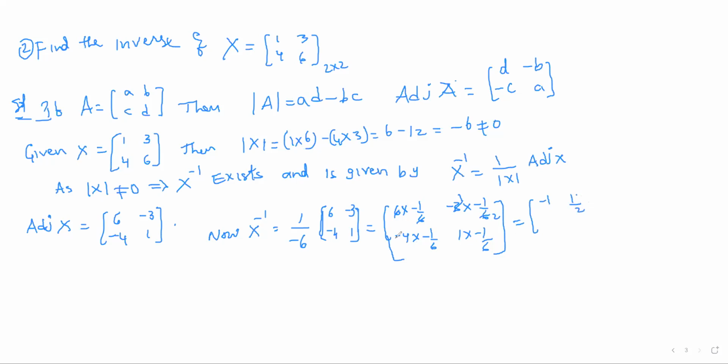Here minus into minus is plus, 4 by 6 is 2 by 3. Here minus 1 by 6 only. So this is the value of X inverse. Therefore, X inverse is equal to minus 1, 1 by 2, 2 by 3, minus 1 by 6. This is the way of finding the inverse of a 2 by 2 matrix.